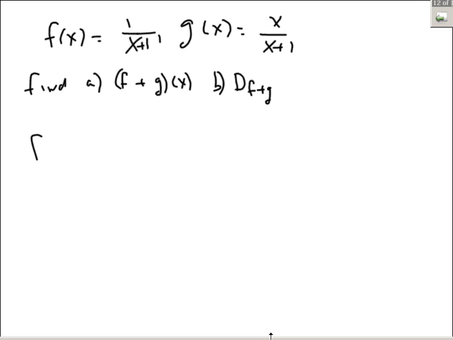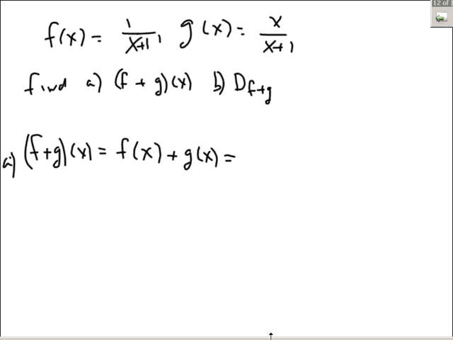Okay, well, to find f plus g of x, doing part A, this is f of x plus g of x, which is 1 over x plus 1 plus x over x plus 1.